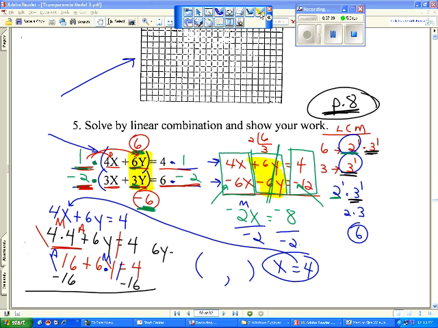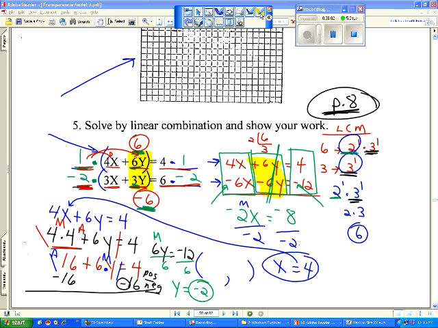We'll get 6y is equal to negative 12. That's a positive, that's a negative. When you add or subtract with different signs, you subtract and take the larger sign. Now we're going to undo multiplication by division, and we get y is equal to negative 2.